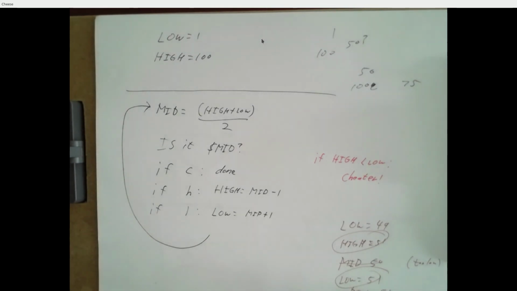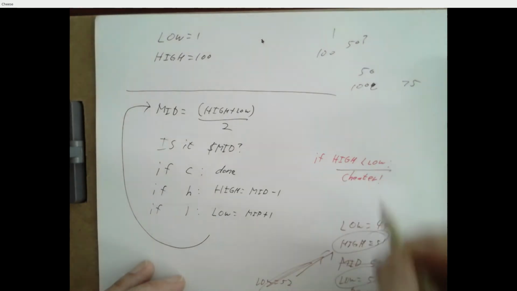That's still totally valid, because their number might legitimately have been 51. But if they say that 51 is too low, then you're going to change low to be 52, and now low is bigger than high, and you've got a problem. Or if they say that 51 is too high, you're going to change high to be mid minus 1, high will become 50, and again low is bigger than high, and you've detected a problem.